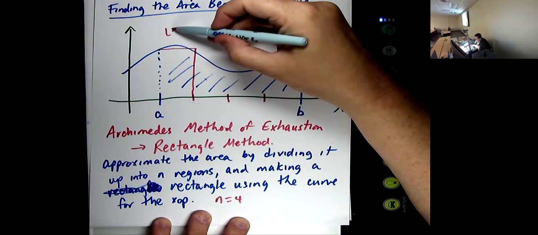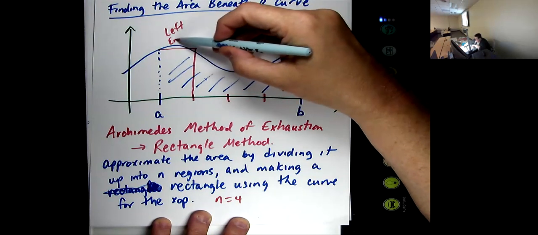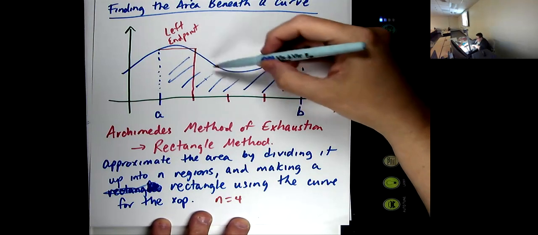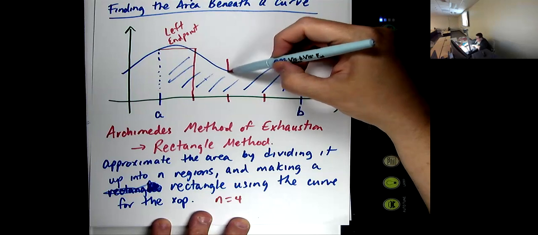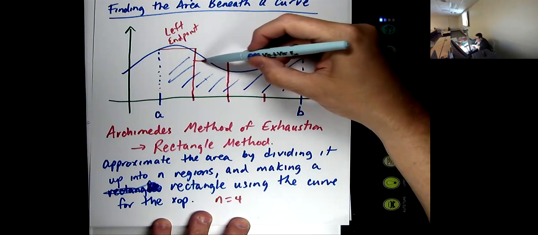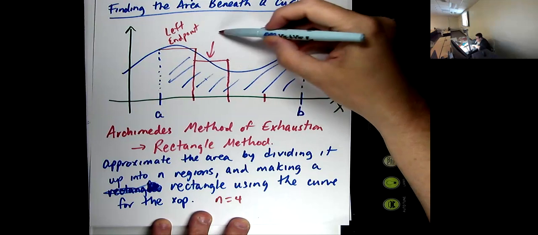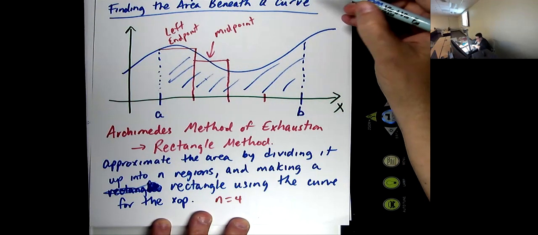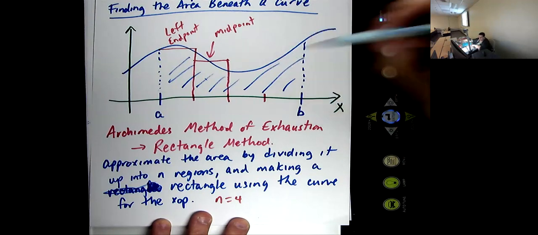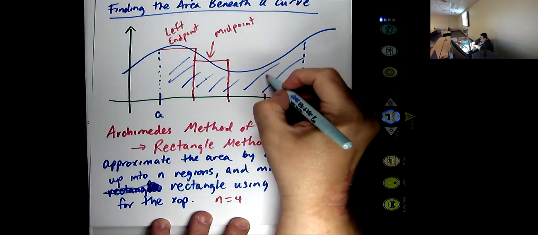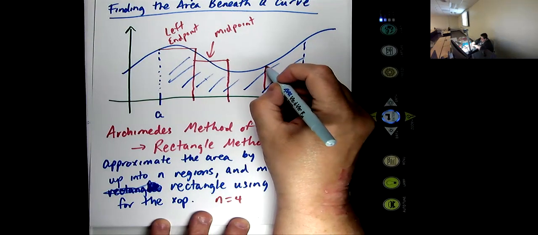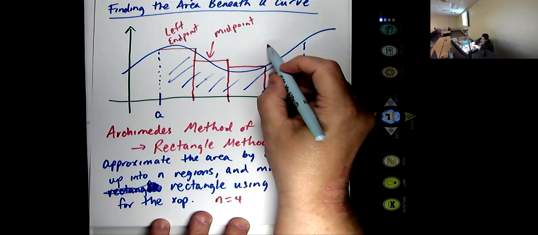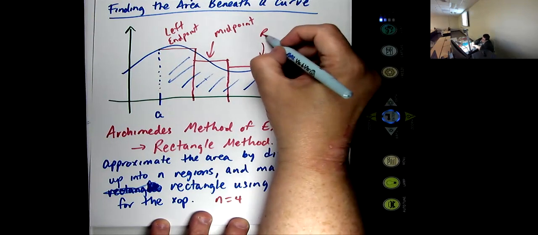That's using the left endpoint. I could use the center. So this would be the midpoint for the height. These are all, how do I choose the height? And the other option that's common is right. So right endpoint. 3 major options.